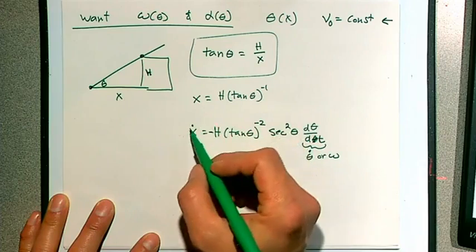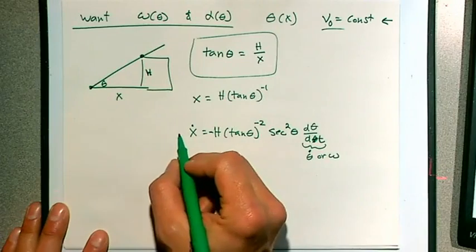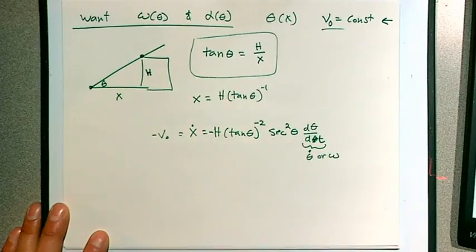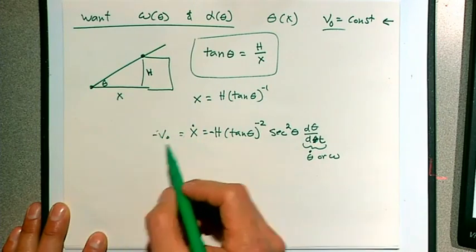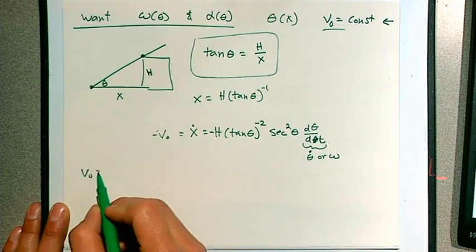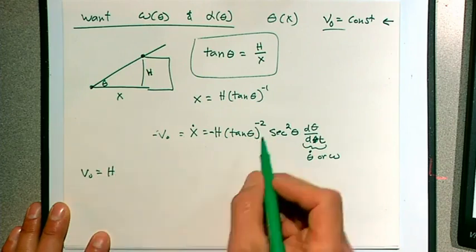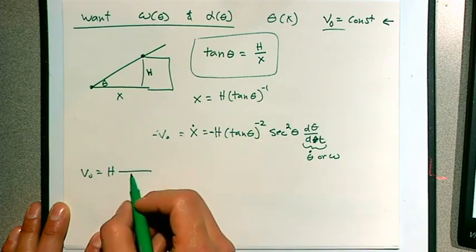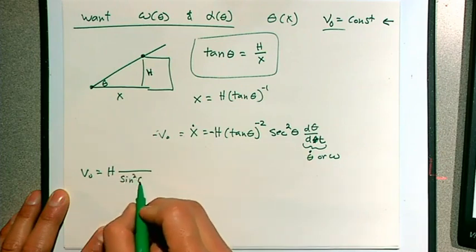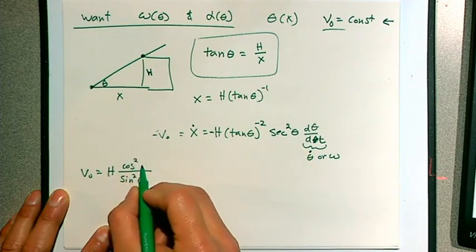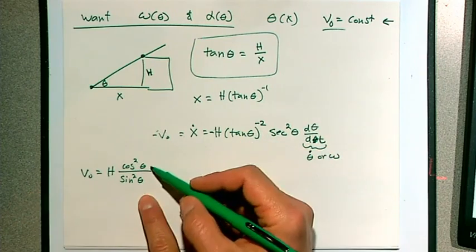So my x dot here, that goes to v0 in the minus direction, so put minus v0 there if we'd like. Minus signs will then cancel. v0 is equal to h tangent squared, but negative, so it's in the denominator. Tangent is sine over cosine. So if it's in the denominator, I got to flip it, sine squared over cosine squared. So all I've done is kind of snuck this back to the denominator, squared it, and then flipped things around.